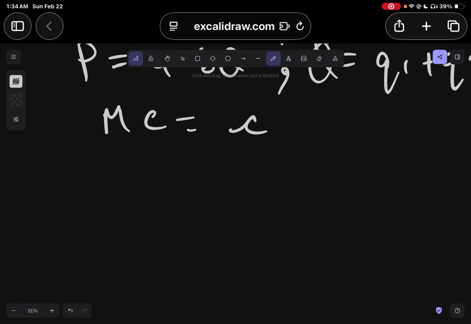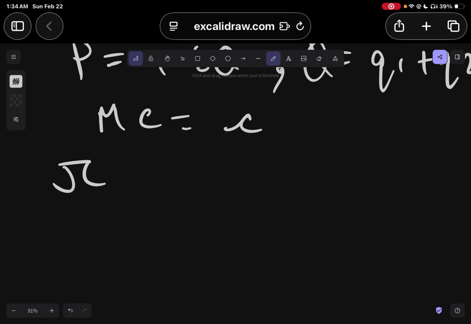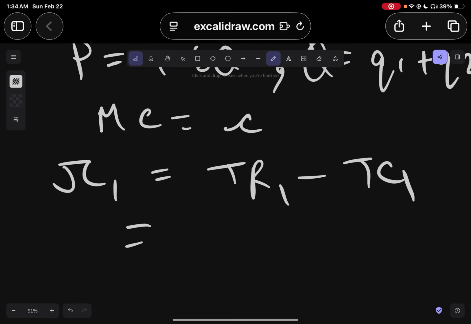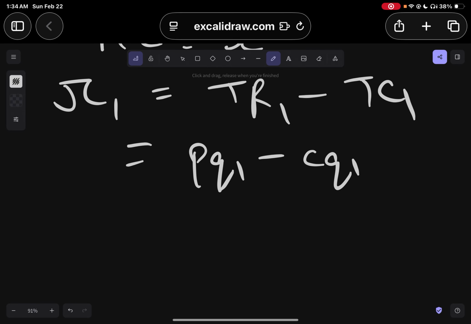So profit, which would be represented by pi for firm 1, is TR1 minus TC1. TR as we did earlier, and TR minus TC can also be seen as PQ1 minus CQ1.